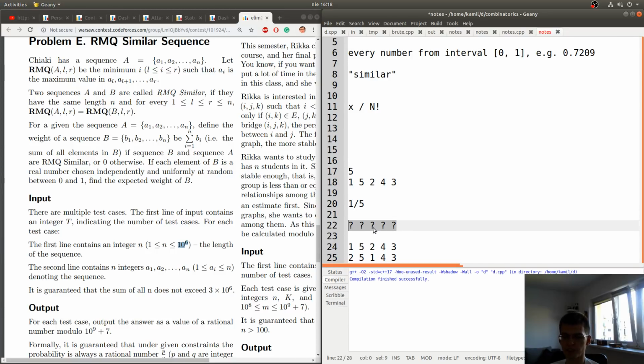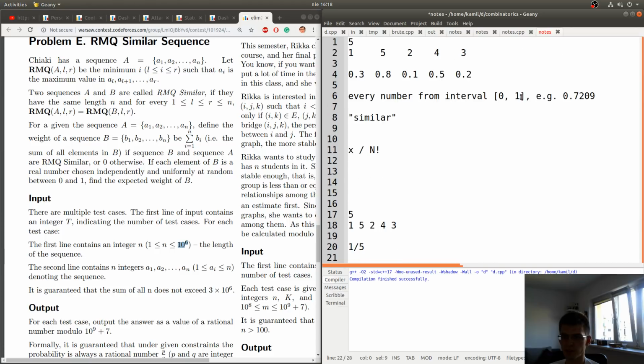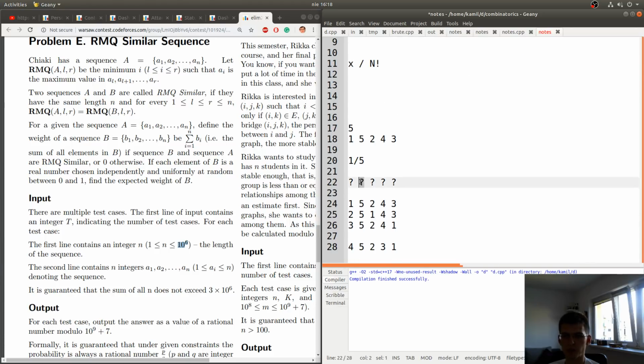Or in a random sequence, where every number is from the interval 0, 1, the probability that the second number will be the biggest one is 1 divided by 5. Okay, so let's say this is fixed already. Here, the next biggest value is 4. We know that it's the biggest value in this interval. We know that it must be bigger than this value, because we can compare between them.